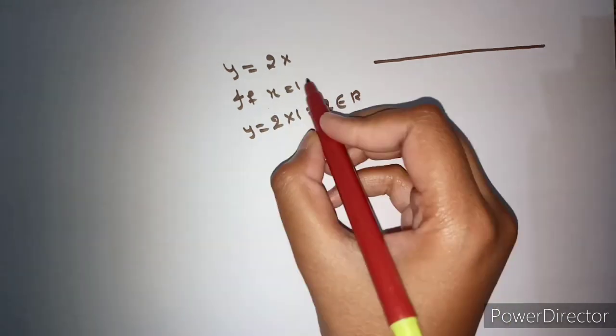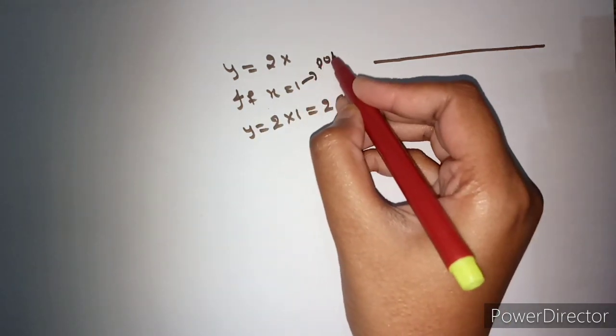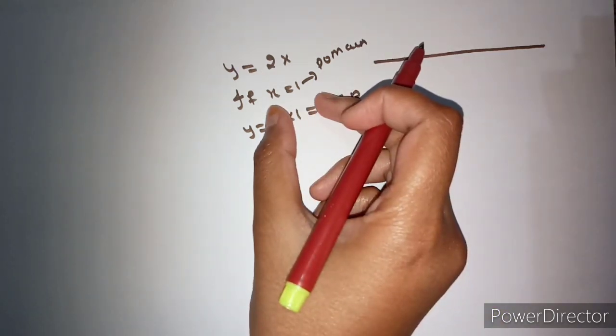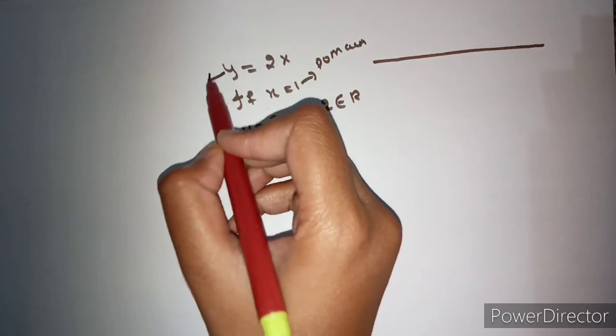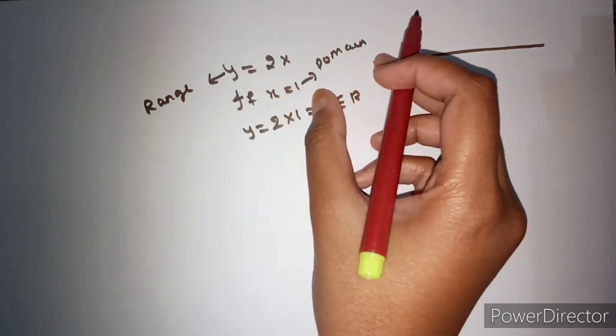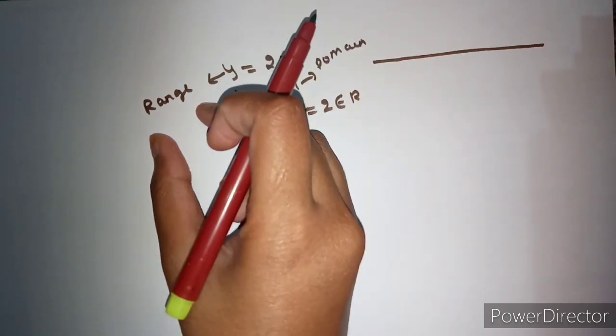Here x is called domain. Whatever value we take in x, it is called domain. The x values are called domain and y values are called range. Whatever value we take in domain, the range, that is y, should belong to real numbers.